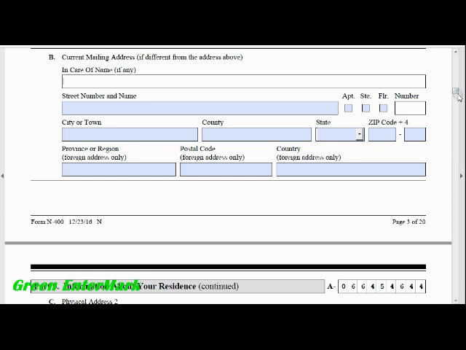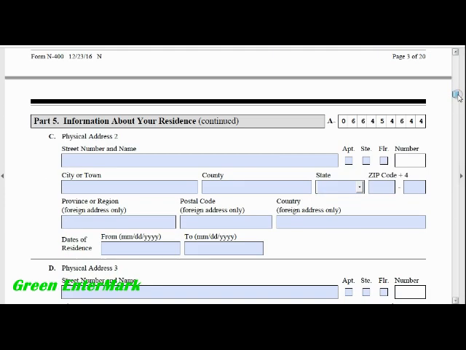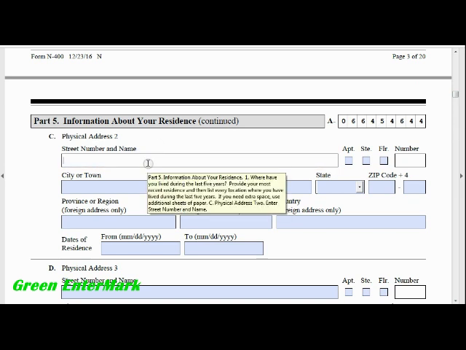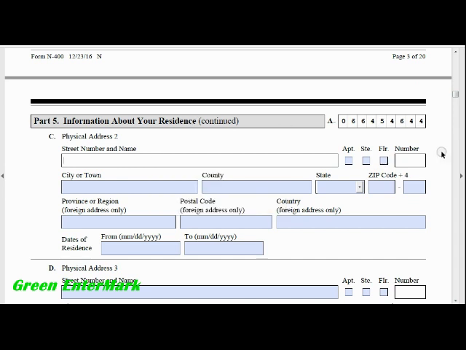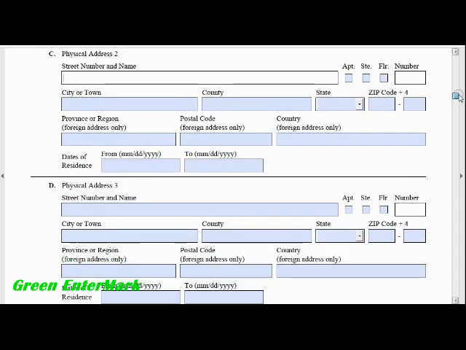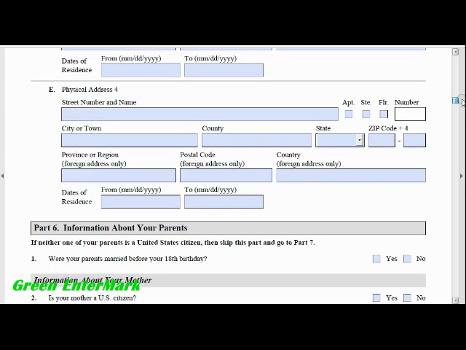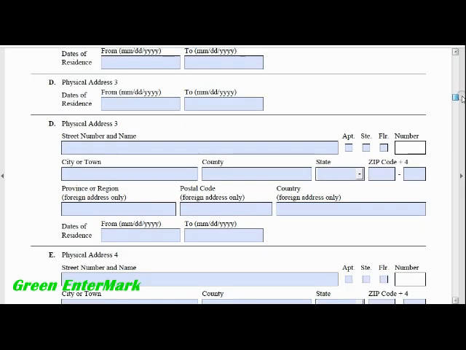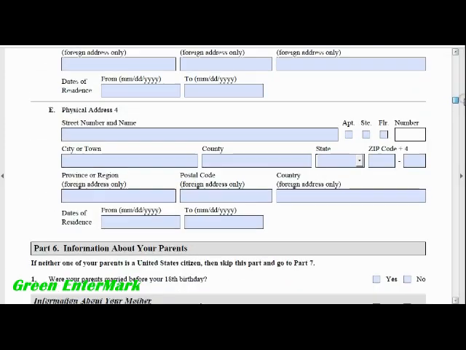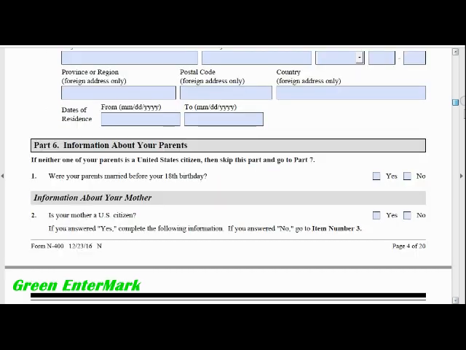And if you lived at another, you provide the third address in C, and so on up to E, there are 5 addresses for you. You just mention how many houses you resided in over the 5 years.